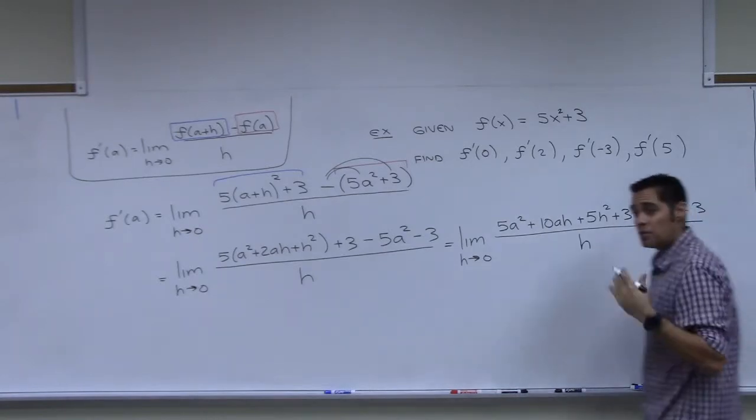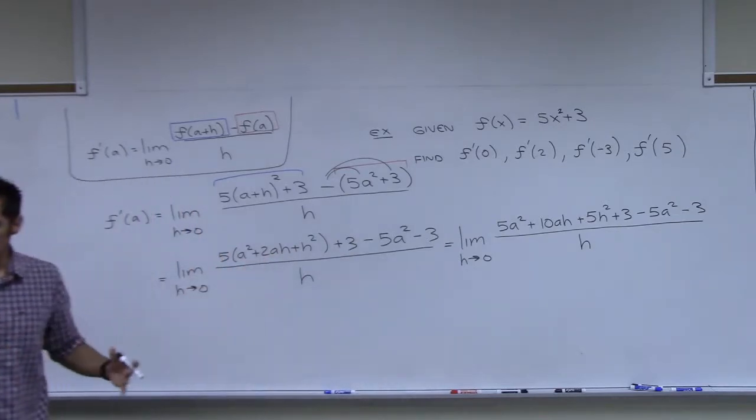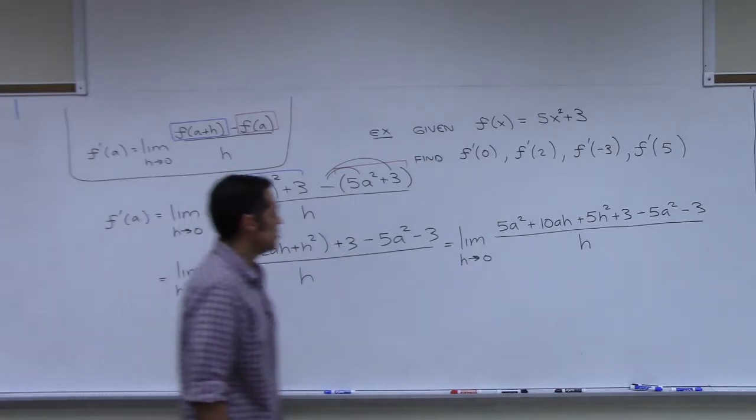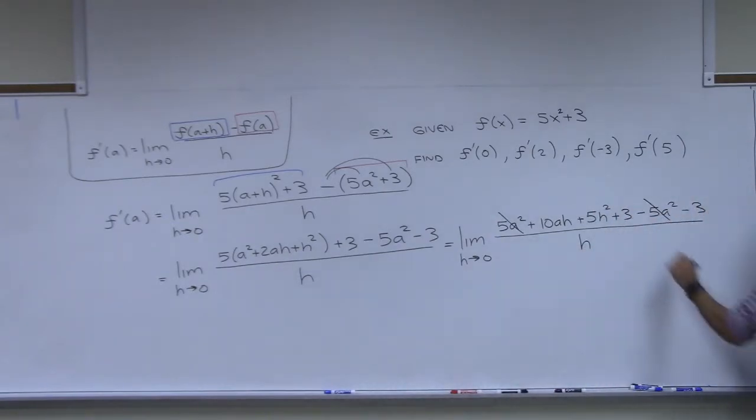Now, if you did things correctly, good things should happen here. Things should cancel, and everything that's left should have an h in it. So I see a 5a squared minus a 5a squared. I see a 3 and a minus 3. And nothing else goes away.